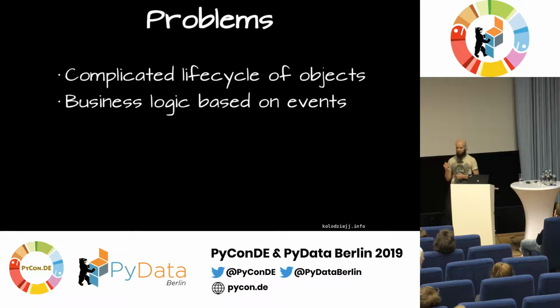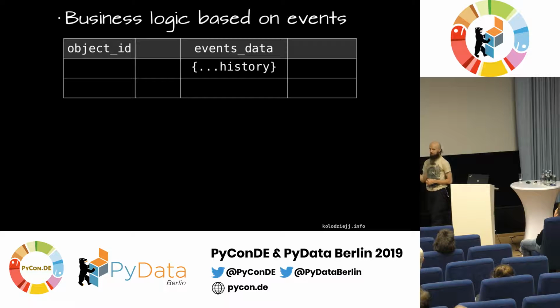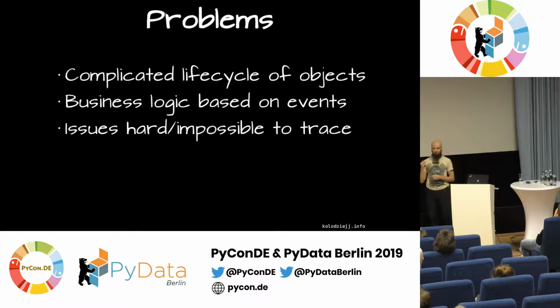The business logic behind them grew and even got so hungry that it needed more and more insight into what happened previously to any object. So we started to cram this history data into arbitrary JSON fields in their tables, and it got pretty messy pretty quick.